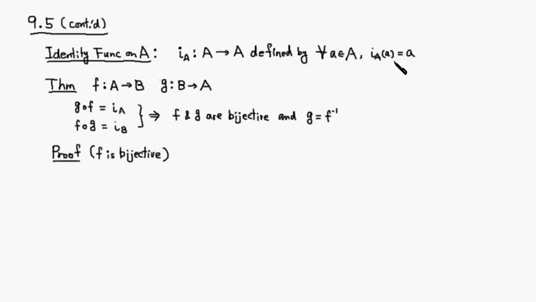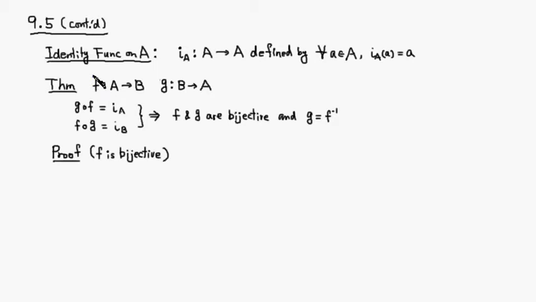So basically this function doesn't change anything. It takes the element a from A and spits it right out, exactly the same thing. That's called the identity function. No changes made.